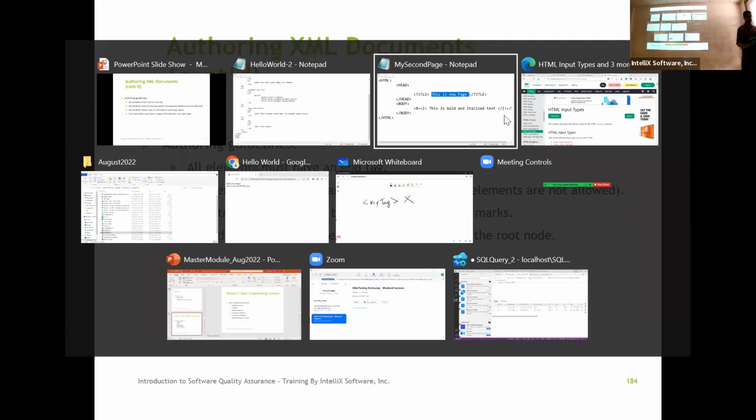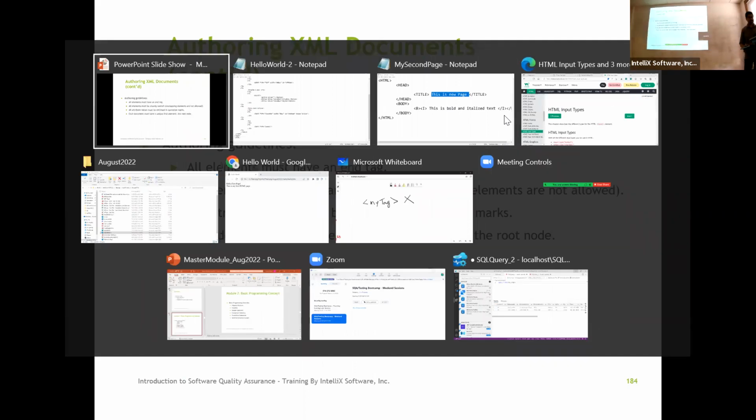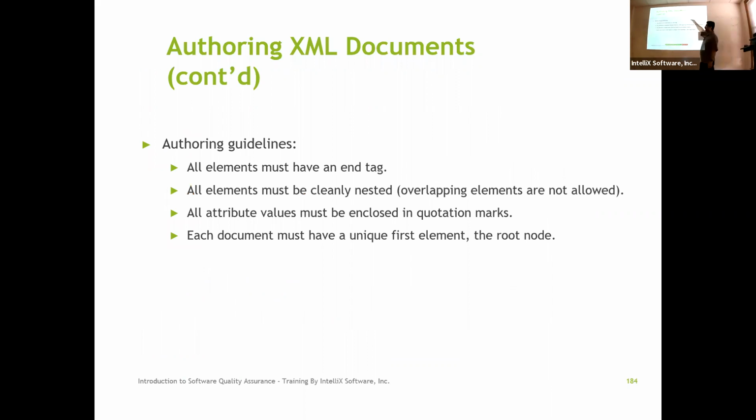Let me finish this point. When we talk about it, everything has to have a start tag and an end tag. Everything has to be clearly nested. We talked about it: no crisscross, last in, first out. All attributes have to be in quotation marks.